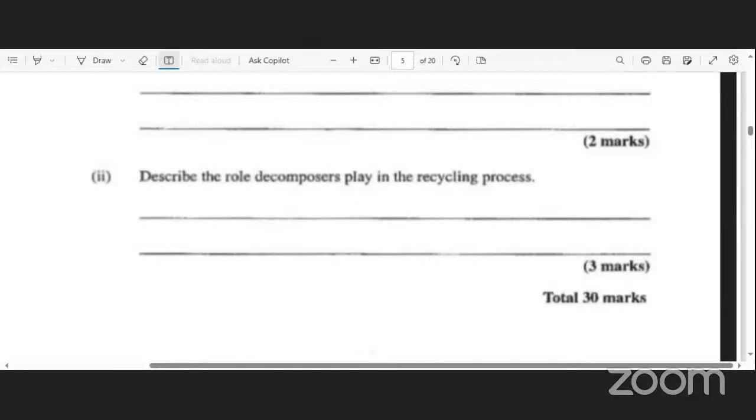Decomposers are important because without them, the necessary macromolecules would still remain in the dead organisms. You need decomposers to release macromolecules such as carbon and hydrogen from dead organisms, right? By releasing these, they are recycled into the environment so that we can use them all over again for respiration.